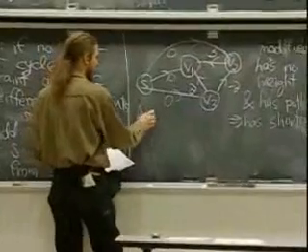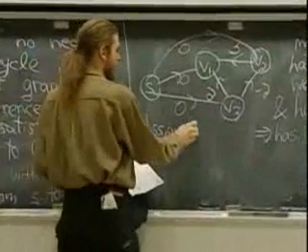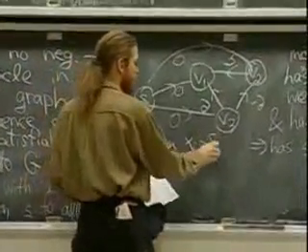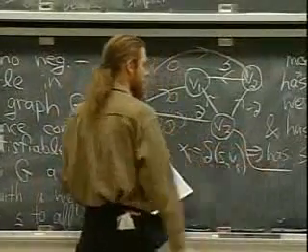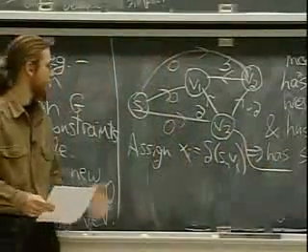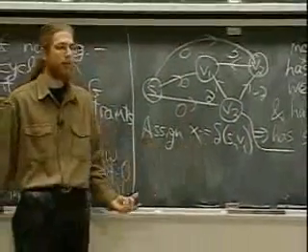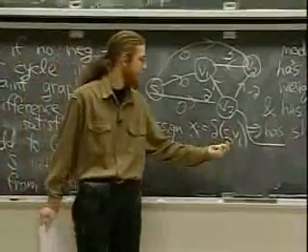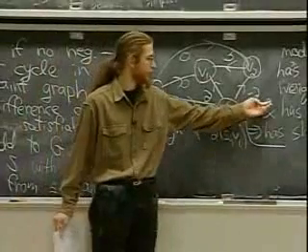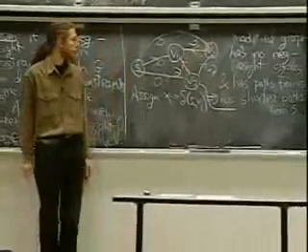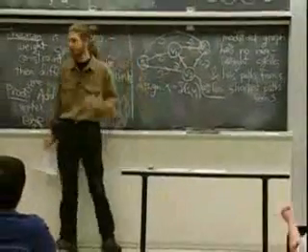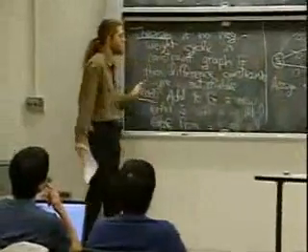Let's just assign xi to be the shortest path weight from S to Vi. Why not? That's a good choice for a number. This is finite because it's less than infinity and it's greater than minus infinity. So some finite number. That's what we need to do in order to satisfy these constraints.